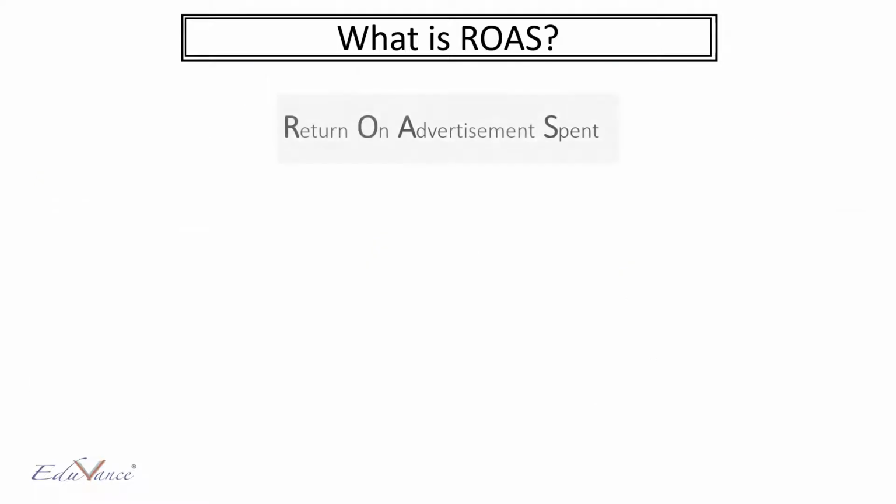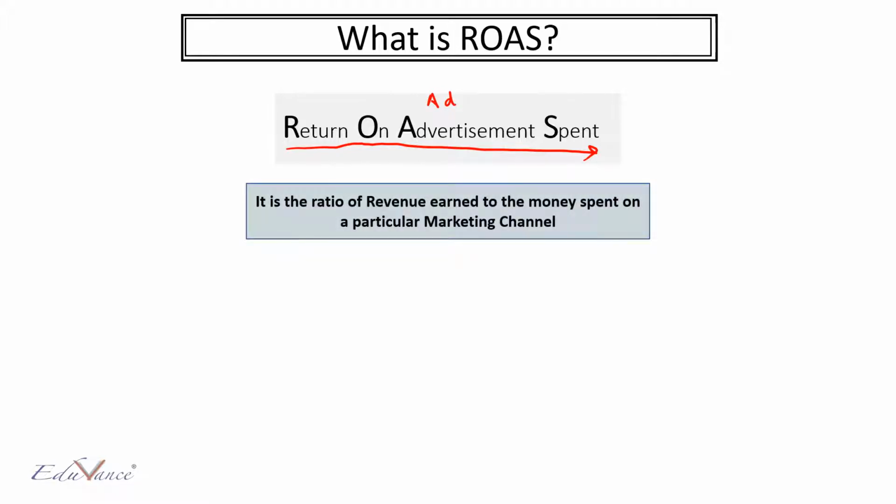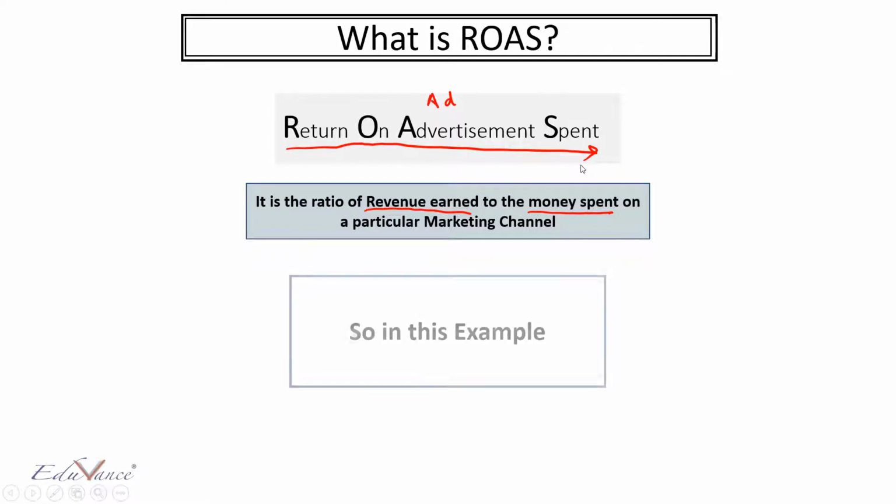So what is ROAS? ROAS stands for Return on Advertisement Spent, also short Return on Ad Spent. Return on Ad Spent is basically the ratio of the money that you got versus the money that you spent on the marketing channel. So very simple calculation.